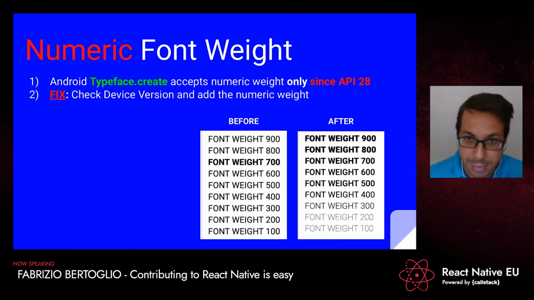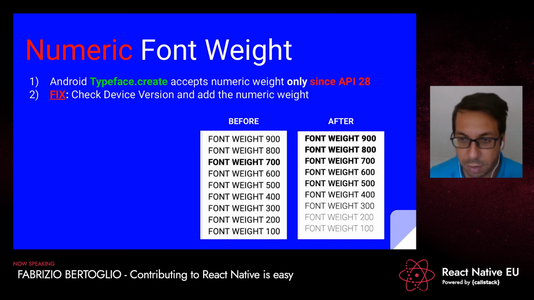The next issue is numeric font weight. You can see on the left that the numeric font weight from 100 to 600 to 900 does not work. It does not have any effect, and this is because there's a new method called Typeface.create, which accepts an additional parameter for numeric weight, and this is only available since API 28.